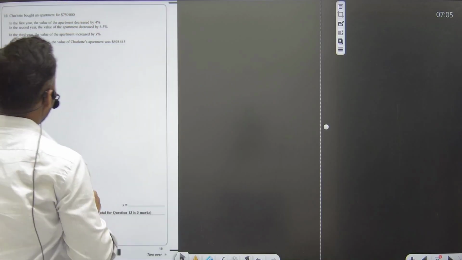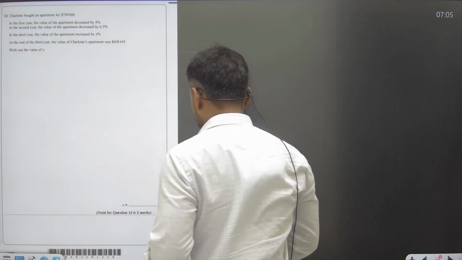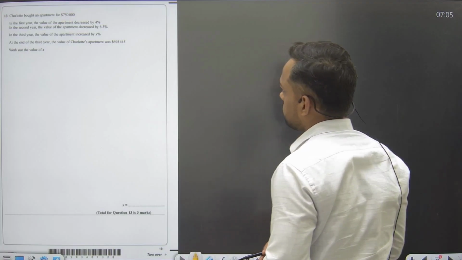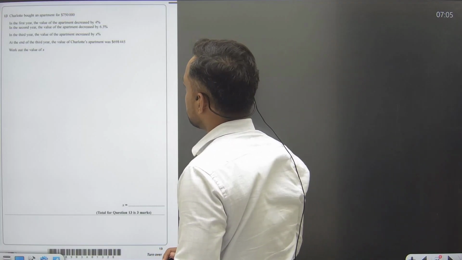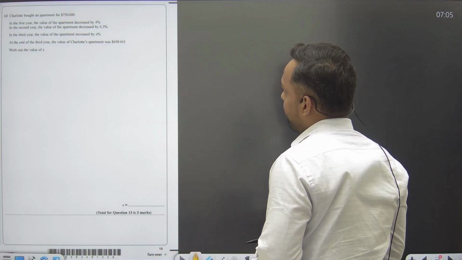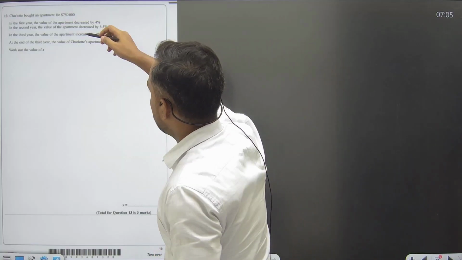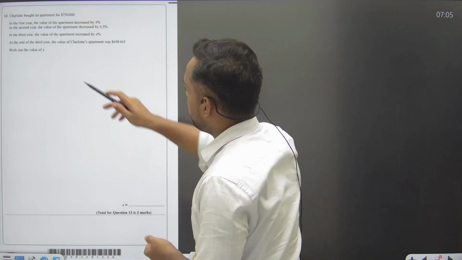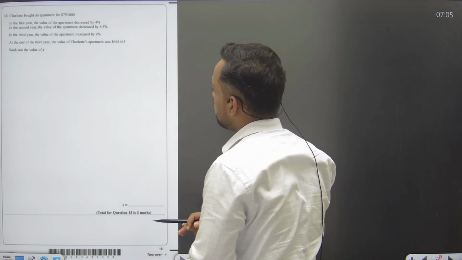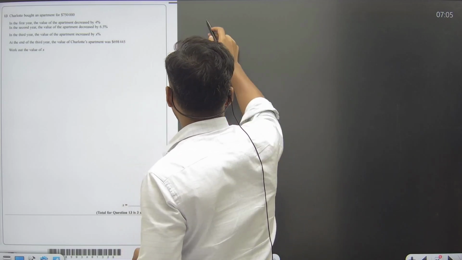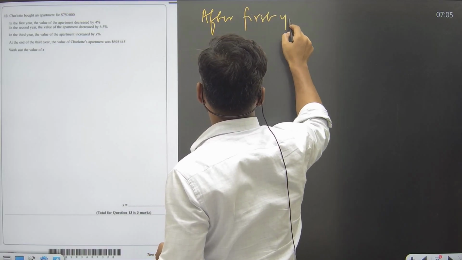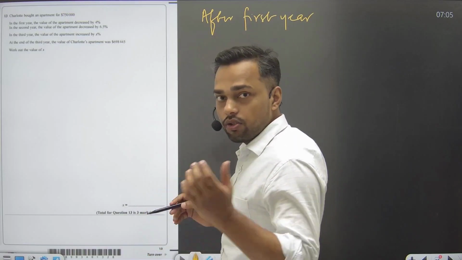Charlotte bought an apartment for $75. So this is what Charlotte bought an apartment for. In the first year, the value of the apartment decreased by 4%. Okay. So after the first year, what will be the current value? You need to see this.